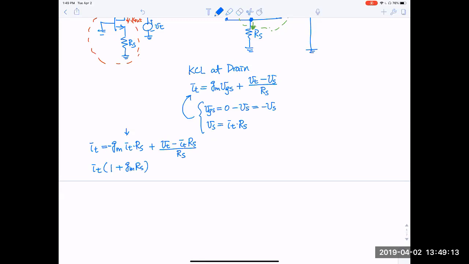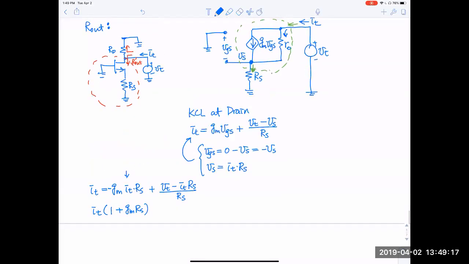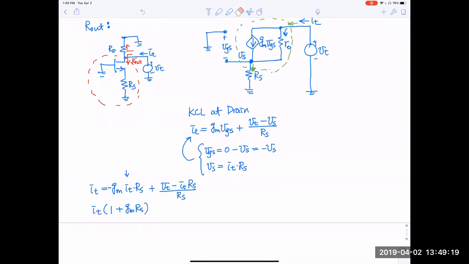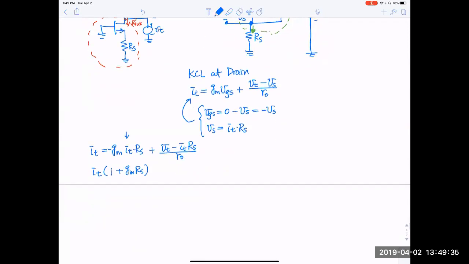And sorry, I think there was a typo here. It doesn't feel quite right. The RS here should be R0. This is the current that goes through this path. So let me correct that also. This should be R0. Okay, now this is correct.